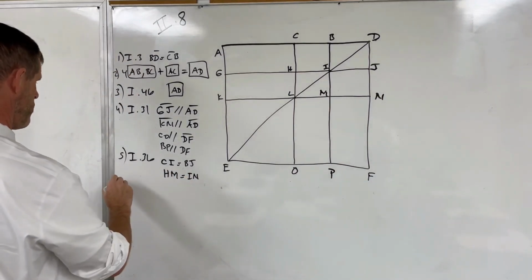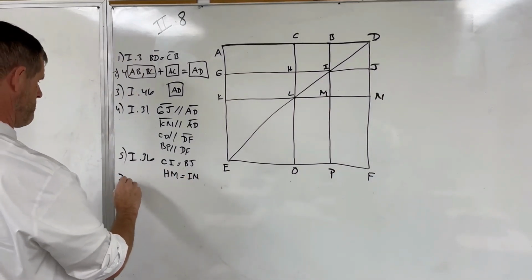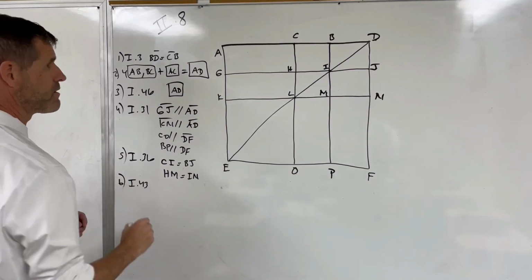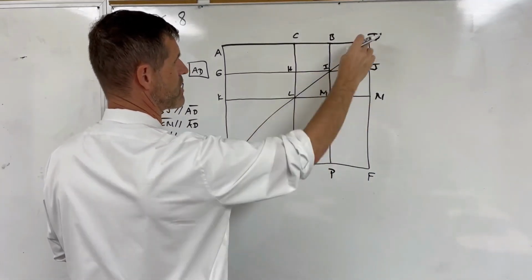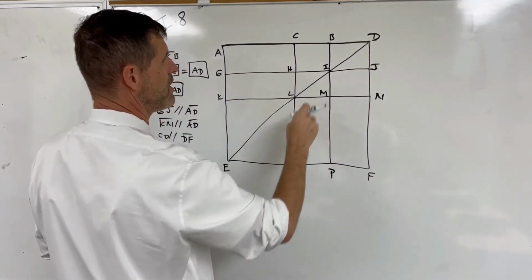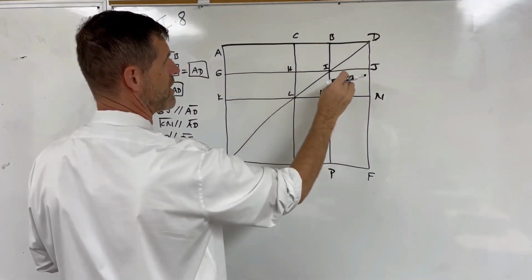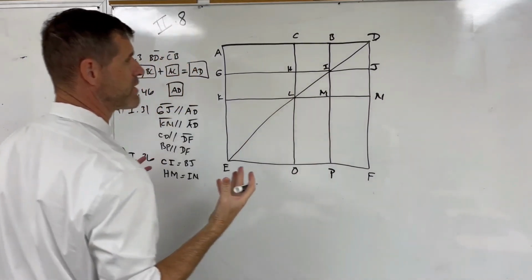But according to proposition 43, if you look at the parallelogram CN, it's got a diameter DL, and then you've got the complements CI and IN about the diameter.